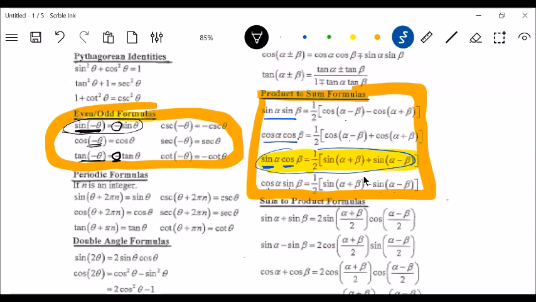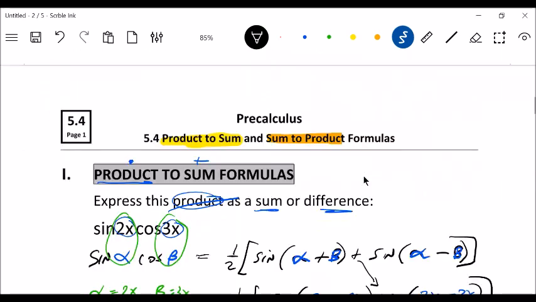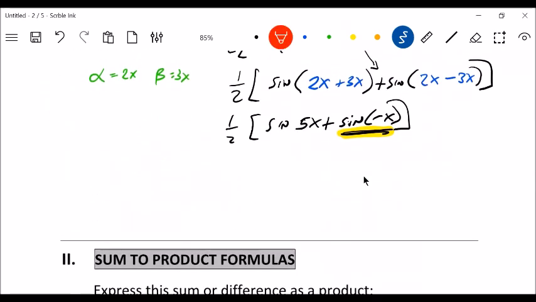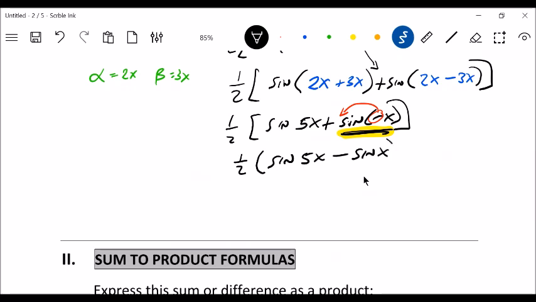So sine of a negative angle means that negative can go in front of it. As a result, then we're going to take that negative and we're going to put it in front. And so now what we have is 1/2 sine 5x minus sine x. Okay. And here, the easier way to show the 1/2 is underneath. Okay, so this is actually the best answer.